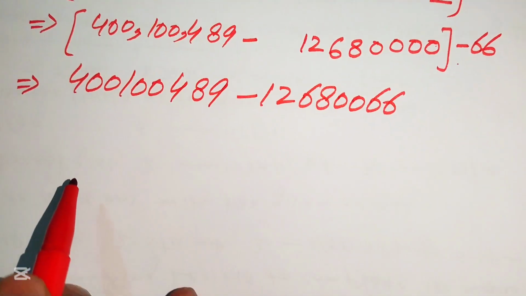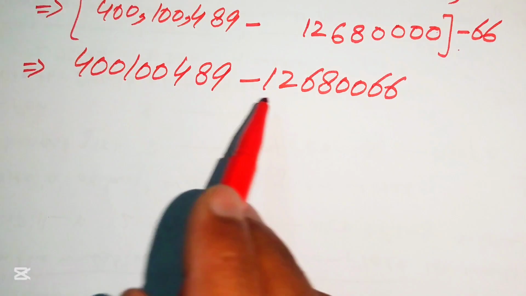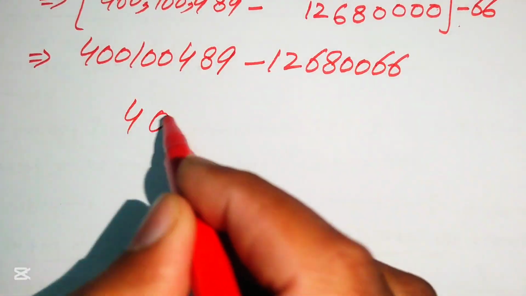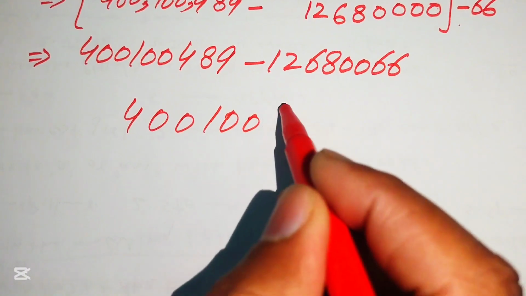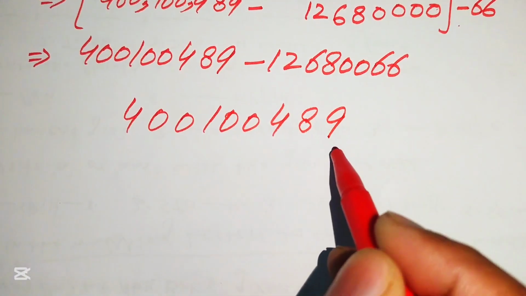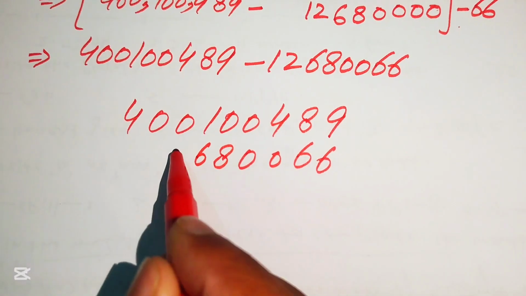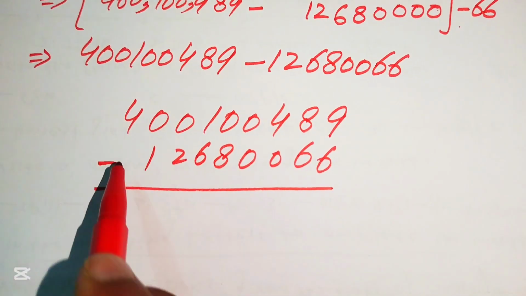Okay, so here we need to subtract these two values, so now we will use the traditional method of subtraction, which you can learn about in your primary classes, in order to subtract these values. So here we write these values in this way, and now we need to subtract this.